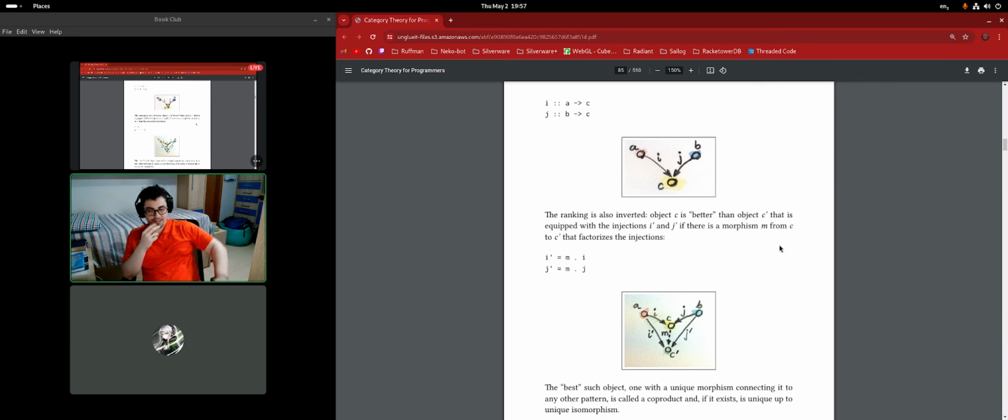I'm still confused. Let's go back to what you said before. So the I is left and M is going to be whatever? And what is I prime? So you have a left from an Either. You have a function from an Either to a whatever, and you have a left of the whatever.